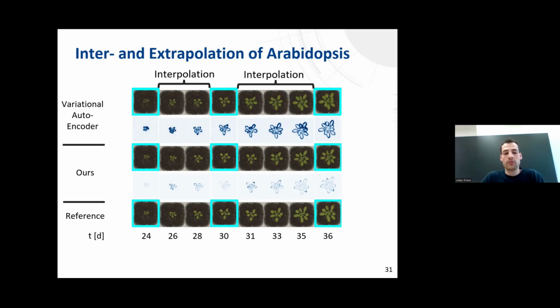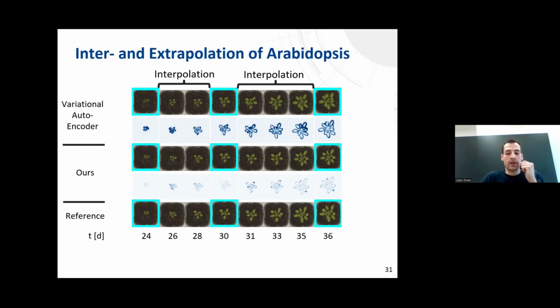One row higher is our approach, and on top you can see a variational autoencoder approach. As you can see, both results are quite promising, with the autoencoder producing slightly more blurry images, which you can see in the higher variances around the leaf edges.